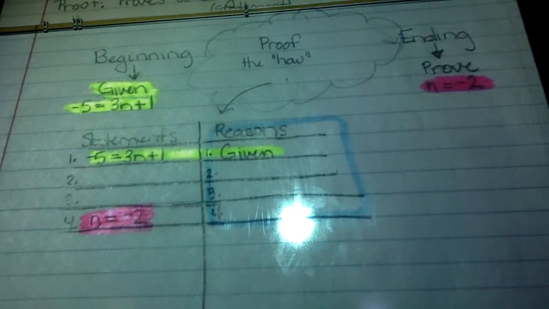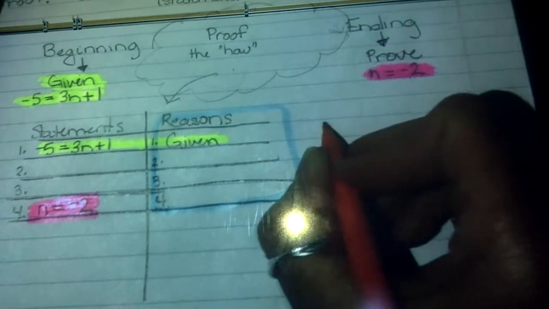The reasons that you will use come directly from the blue sheet that I just passed out to you. The reasons can come from 3 specific locations. They aren't just willy-nilly come up with a reason. They have to be provided to you. There are 3 places you can find reasons.